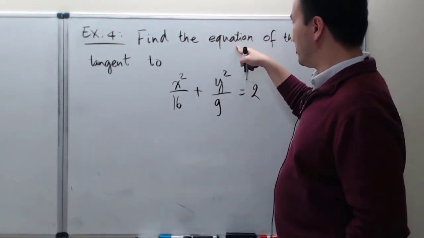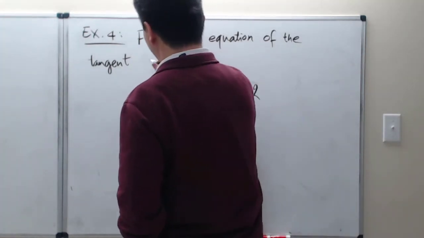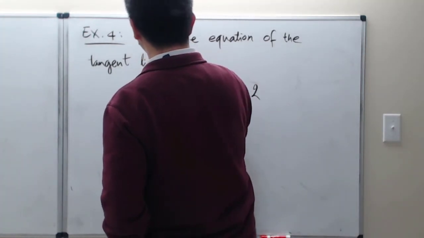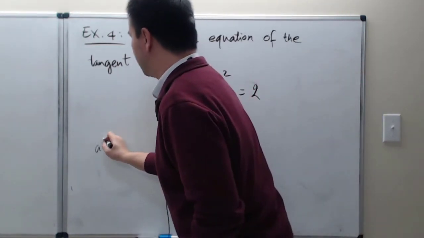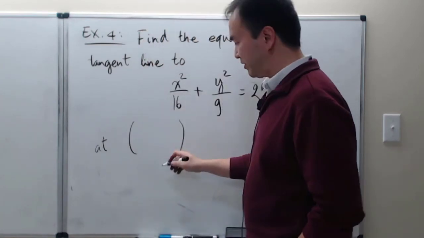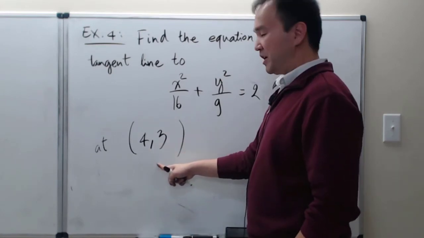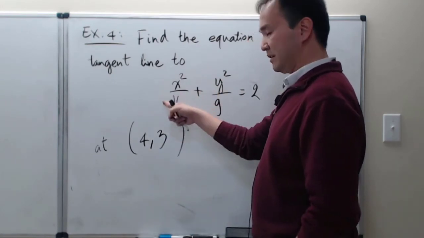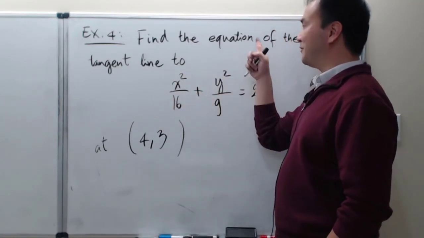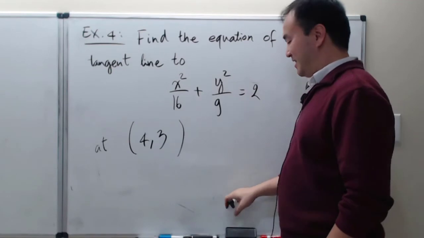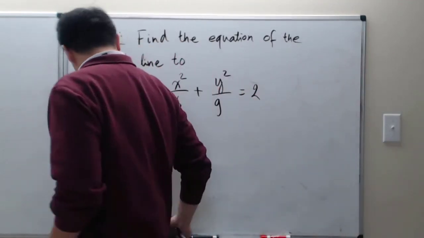Find the equation of the tangent line to this graph, the graph that came out of this equation, at the given point (4, 3). This is our tangent point, and it exists on the graph of that equation. We want to find the equation of the tangent line. Take a moment to think of the plan as I'm erasing the board.